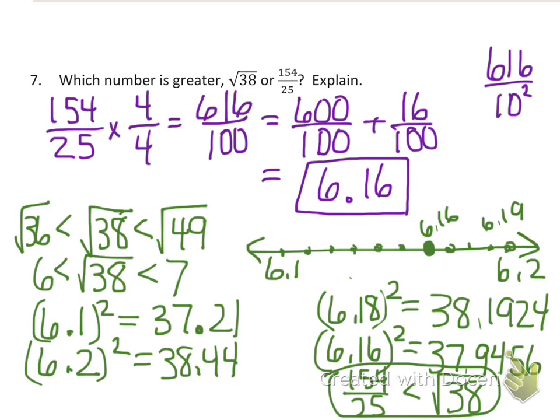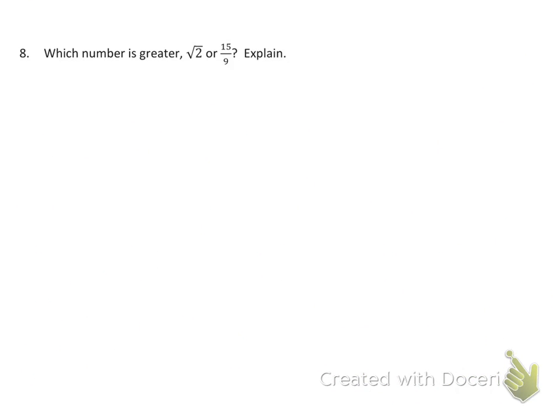And again, there are many ways to come up with this. Maybe I should have just squared 6.16 to start with. I would have known that it was smaller than 38. Therefore, 6.16 is going to be less than the square root of 38. So lots of different ways to think about these.